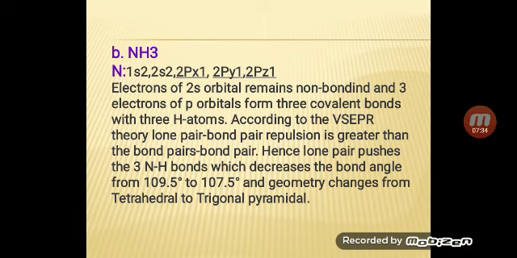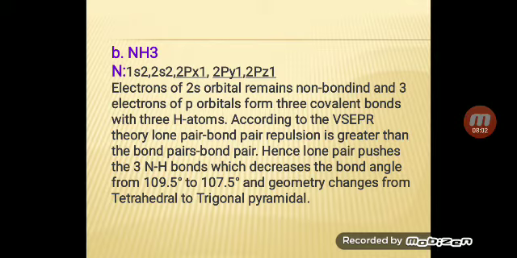Now the second example for this kind of molecule is ammonia. Nitrogen is the central atom of ammonia. So the electronic configuration of nitrogen shows that there are 3 partially filled atomic orbitals present in the nitrogen atom. Electrons of the 2s orbital remain non-bonding, and 3 electrons of the p orbital form 3 covalent bonds with 3 hydrogen atoms.